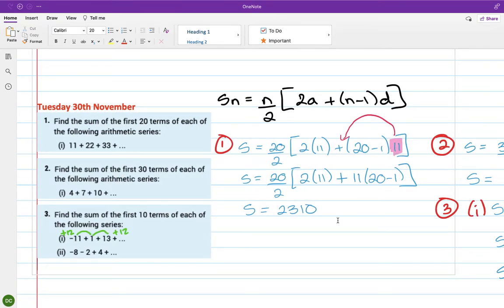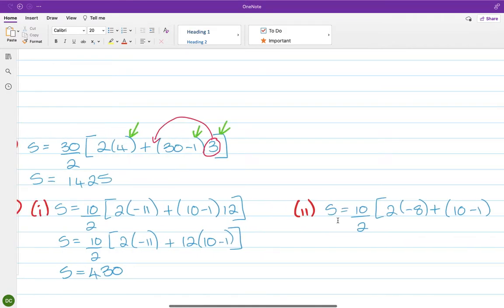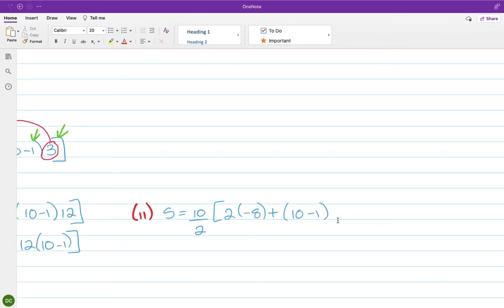So from minus 8 to minus 2, that's getting bigger. It's getting bigger by 6, and then minus 2 to 4 is 6. So that's a plus 6 that we're going up in. So I'm going to put that in over here. 6 and close the bracket.